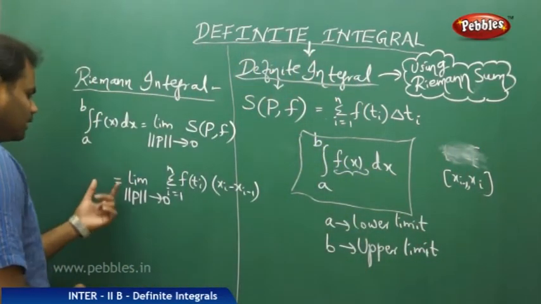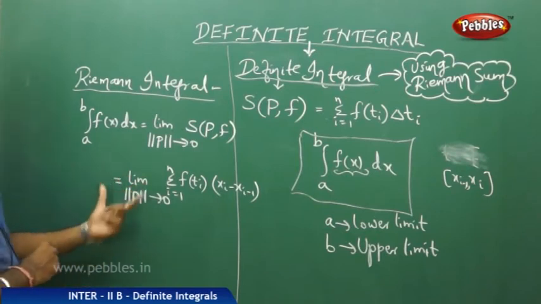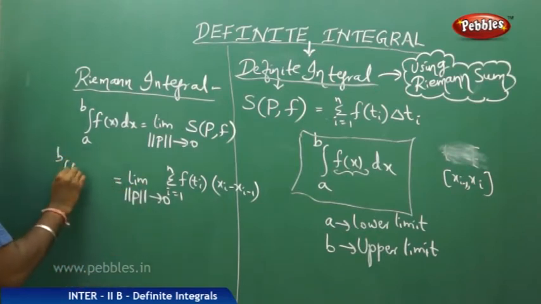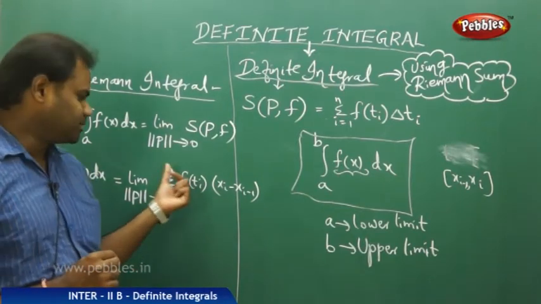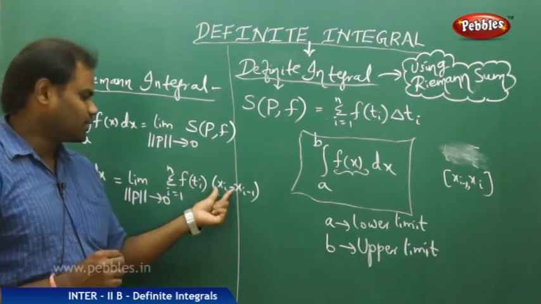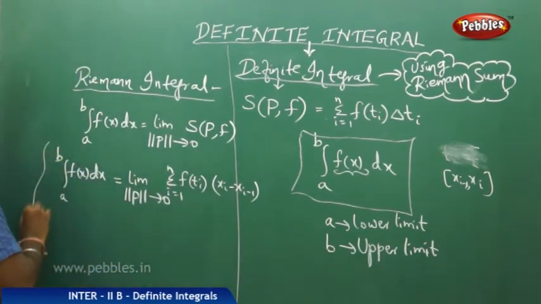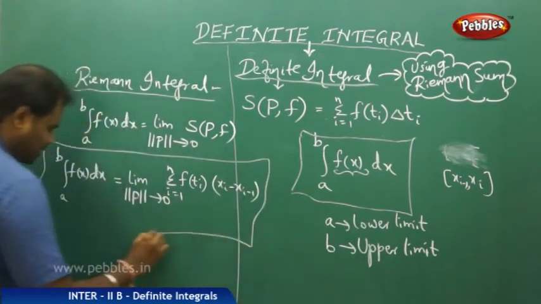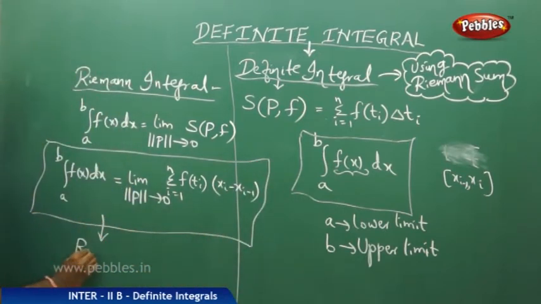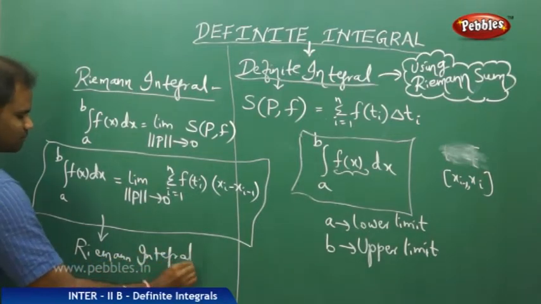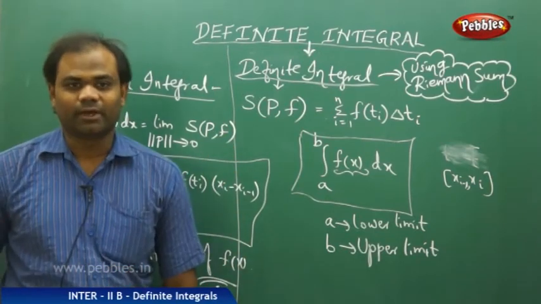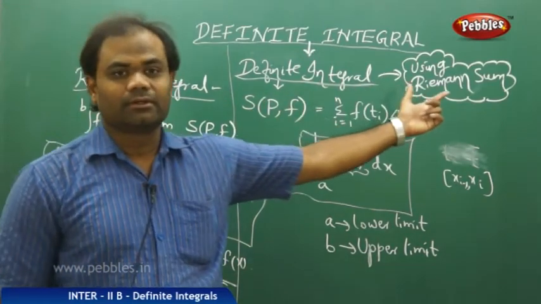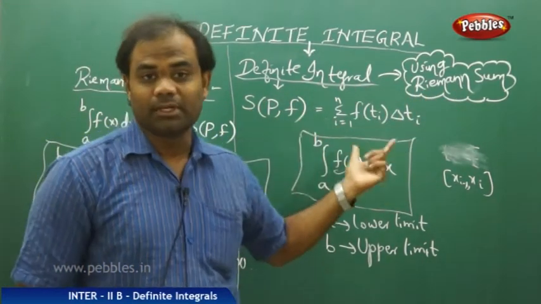So using this interval, I have my Riemann sum defined as the integral from a to b of f of x dx, which is the limit, norm of P tending to 0, of the summation, i running from 1 to n, of f of Ti times (xi minus x(i-1)), which is called the Riemann integral of f. This is how we define the integral connected with the Riemann sum S(P, f).